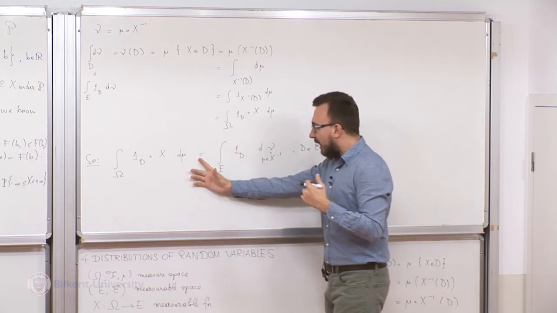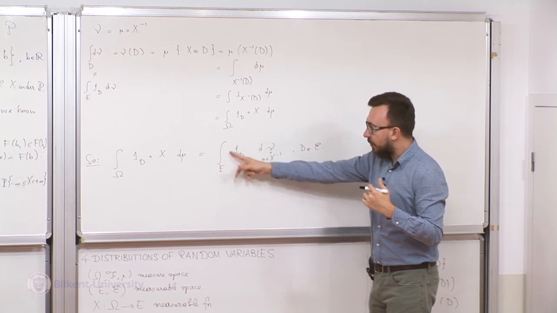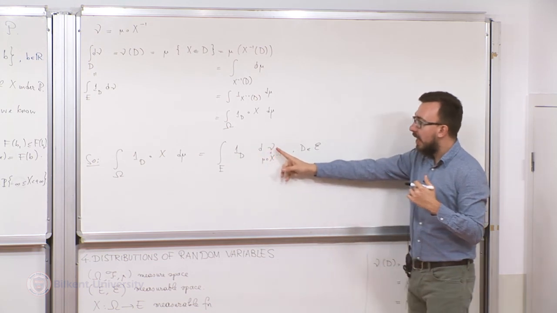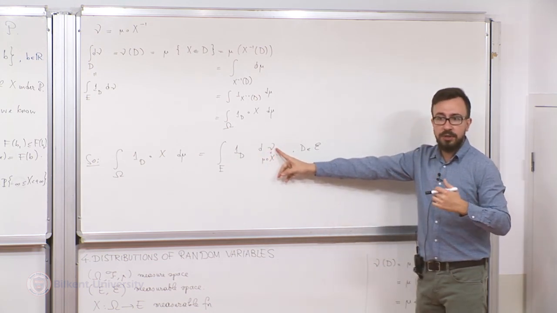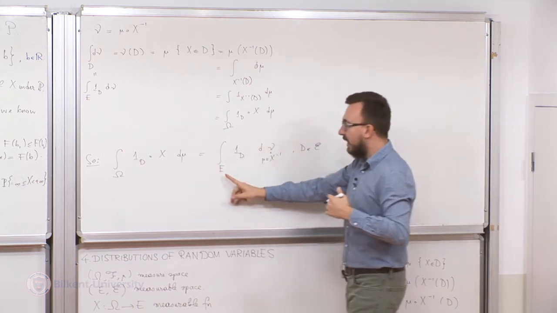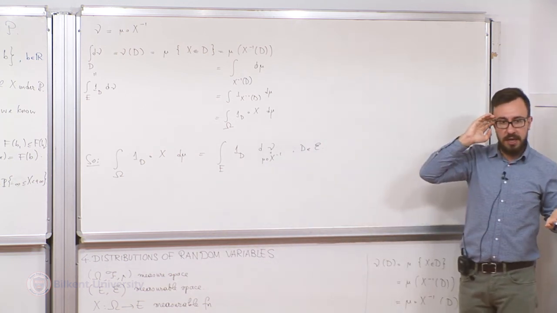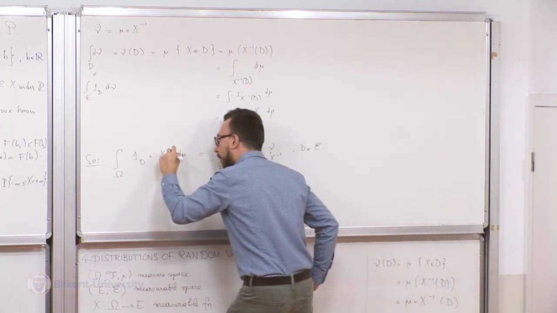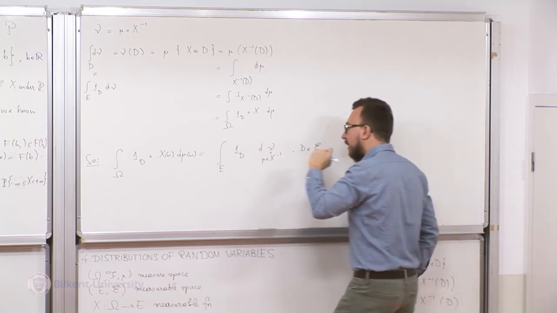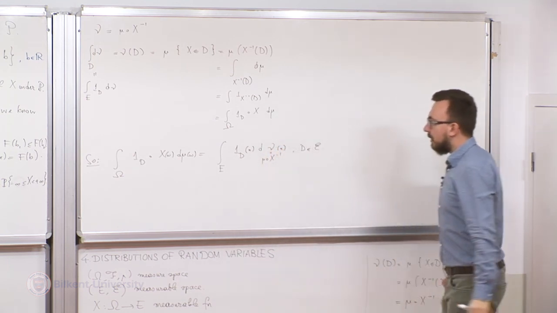On the other hand, I can equally calculate it as the integral of this indicator function, which is a function on E, and I need to integrate it with respect to the image measure, which is on E. So that's an integral on omega, that's an integral on E. This is like a change of variables formula: you have an integral on this space, and it suddenly becomes an integral on the value space, the image space.